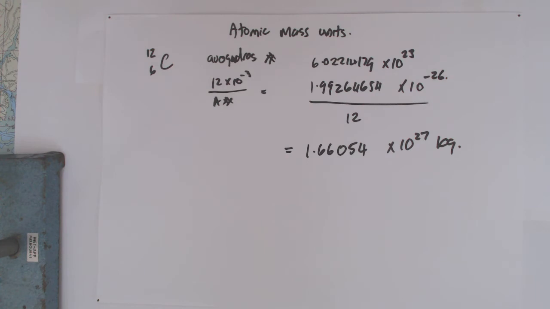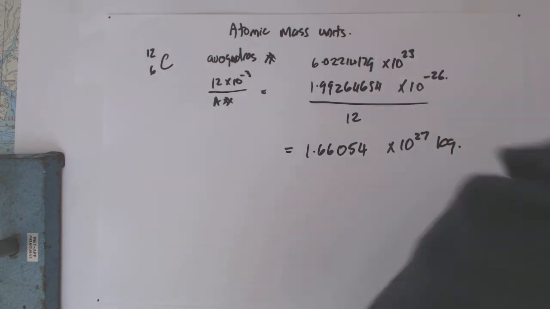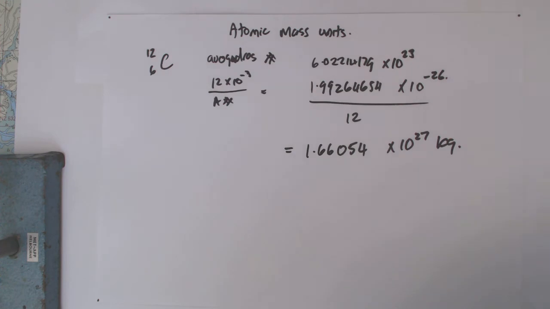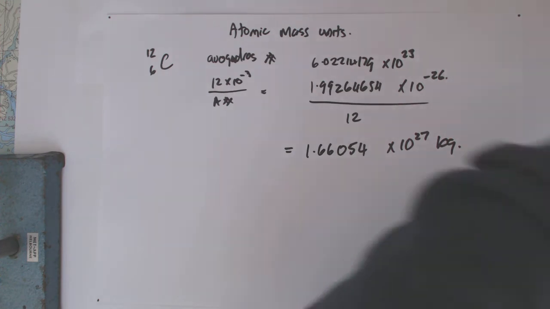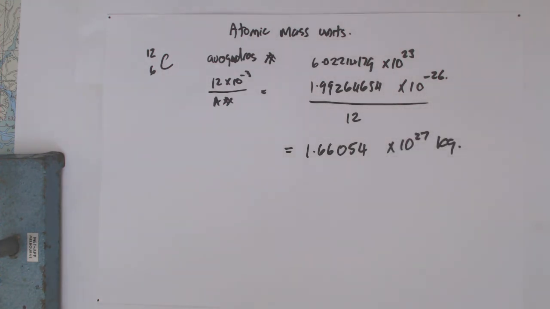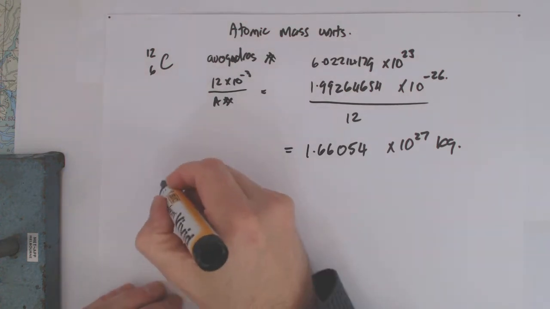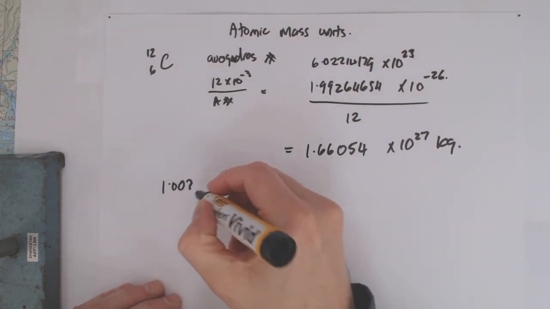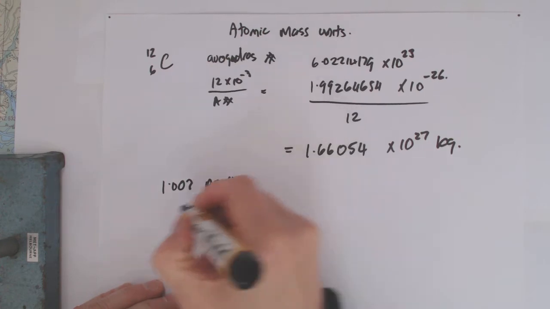You're going to use those often, and I think we can then give protons, that sort of thing, an atomic mass unit. The proton, I think you should know already, is a little bit smaller, so it's 1.007 atomic mass units.